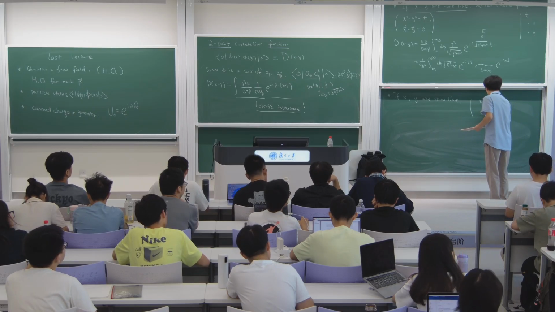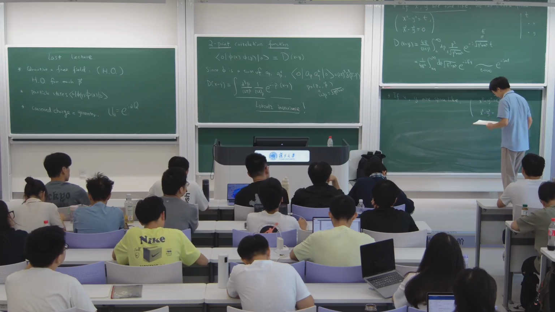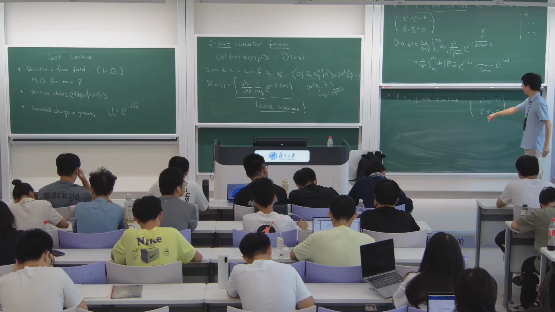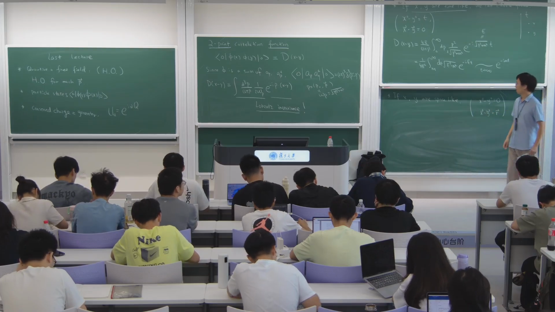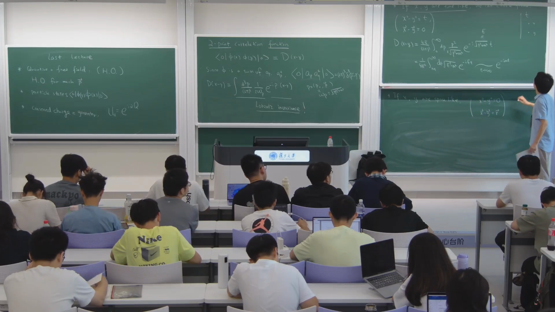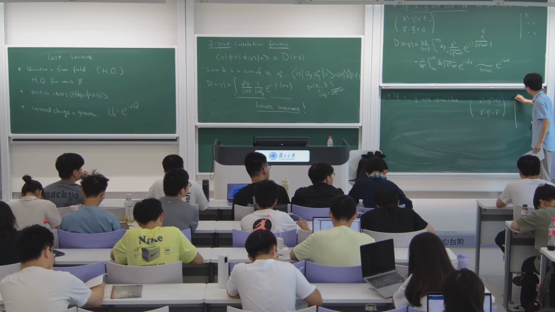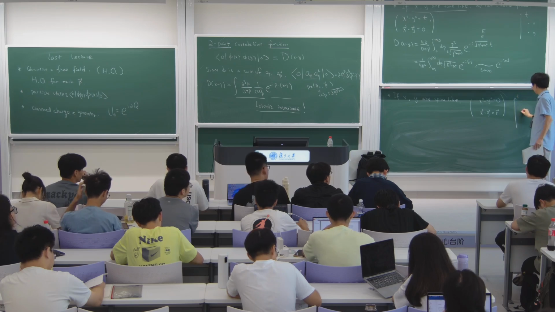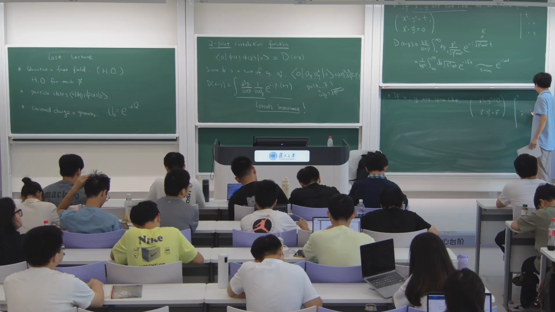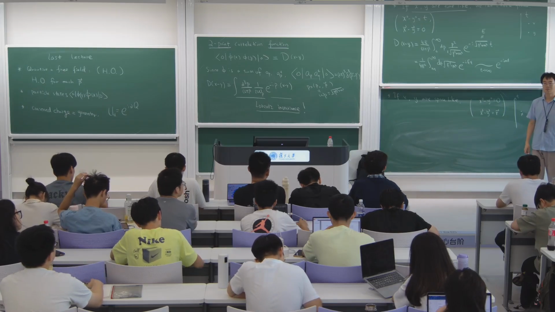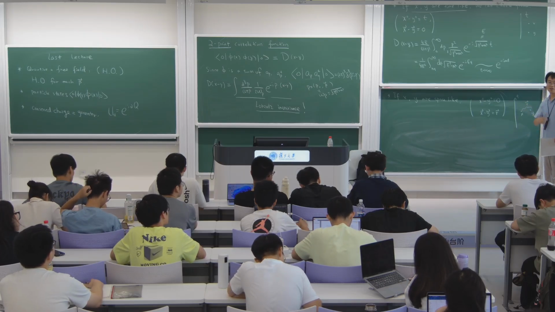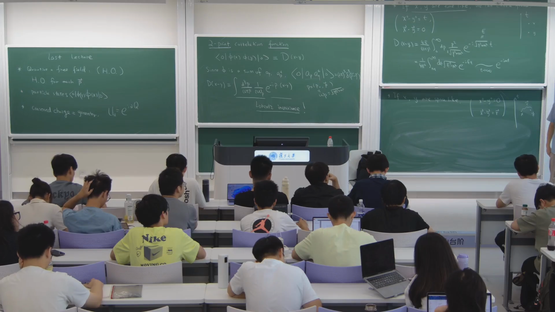So in this case, I can consider only their space distance, for example given by the vector r. If this is my direction, then this will be my x and this will be my y. They are only separated in space, in three-dimensional space.